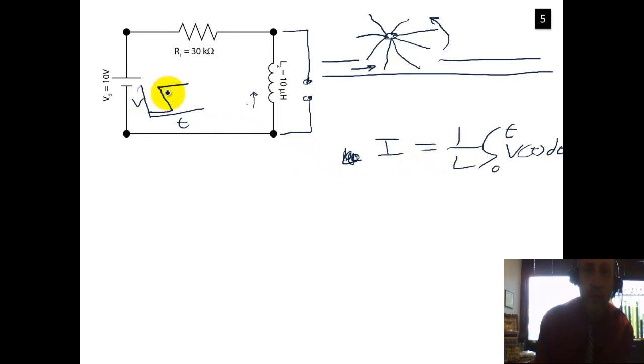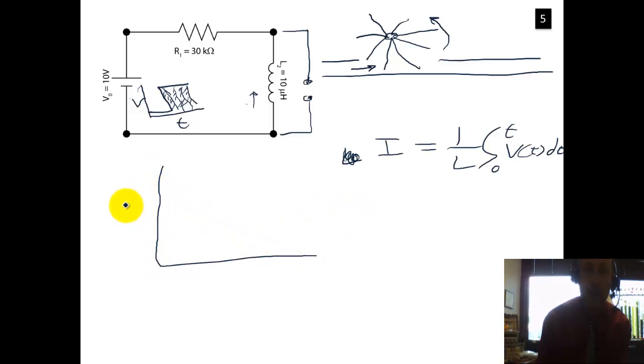So at time equals 0, there's a step in the voltage there, but if we take a very thin slice in here, it's very small. But as time goes on, we take greater and greater slices, integrals, which are the area underneath that curve. So we know at time equals 0, I must equal 0.